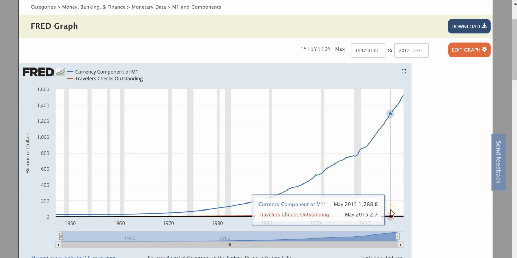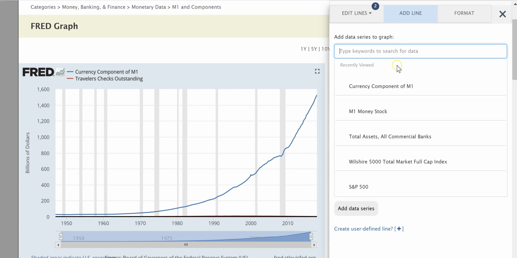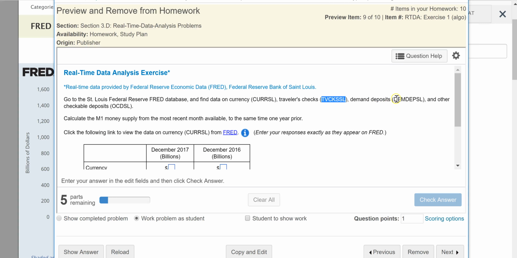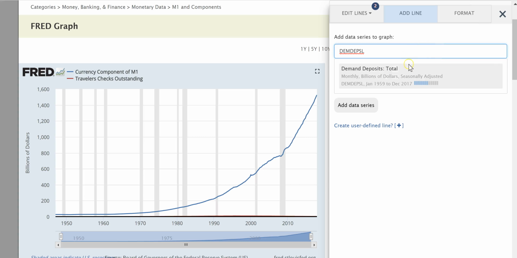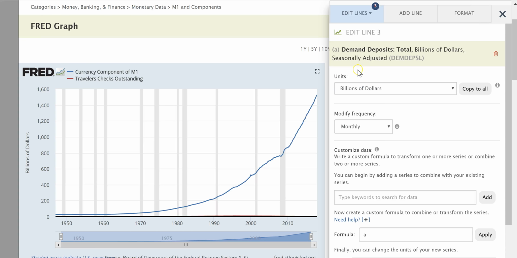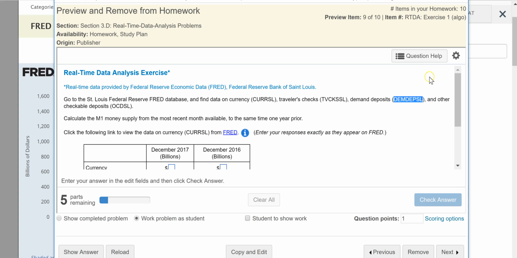But if you put your mouse on any point here, you can read the numbers, so that doesn't affect us in answering the questions. Let me continue to add the other 2 lines. Similarly, for the demand deposits, we just copy and paste this symbol here, add data series, and finally add the 4th one, which is the other checkable deposits.